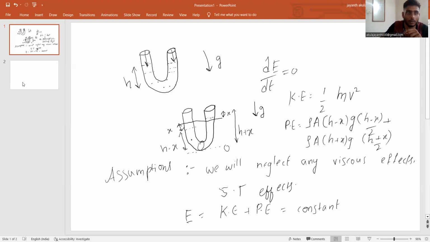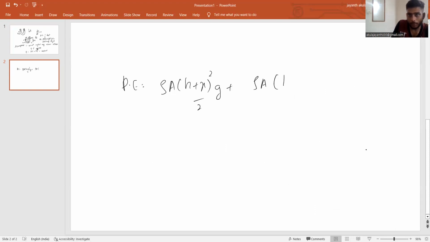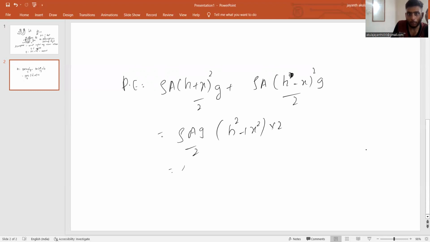So PE equals rho into A into (h plus x) whole square by 2 into g, plus rho into A into (h minus x) whole square into g by 2. So you will get rho A g by 2 into h square plus x square into 2, that is rho A g of h square plus x square.